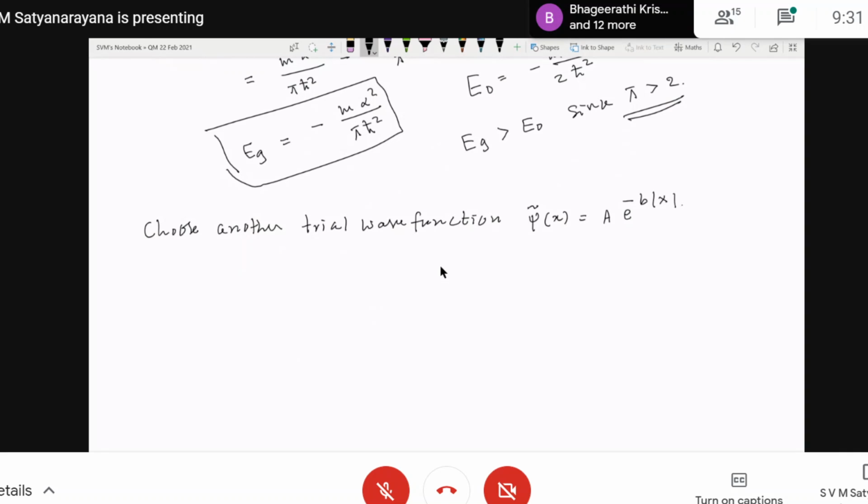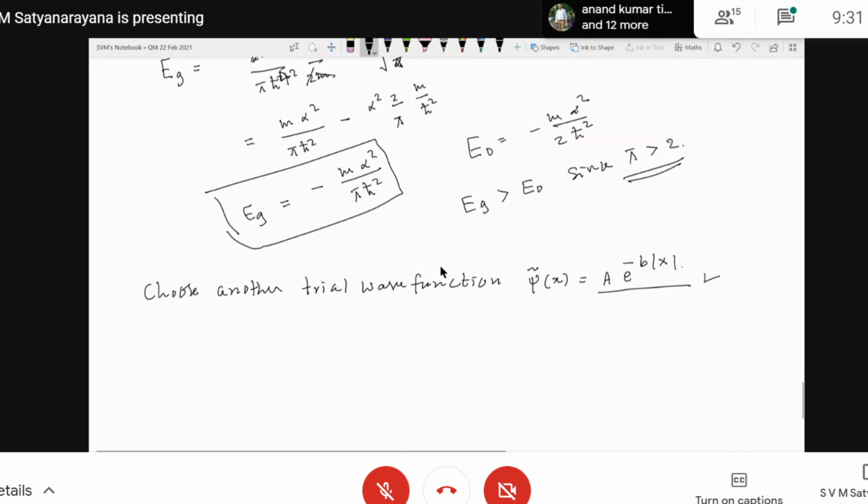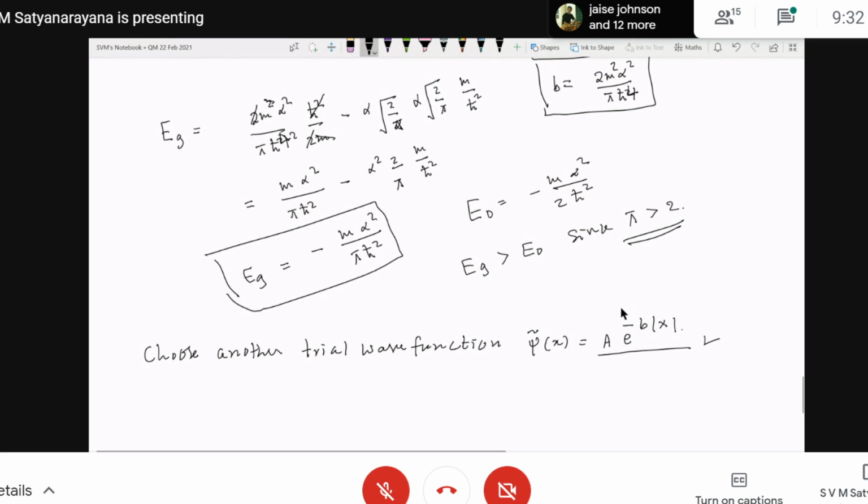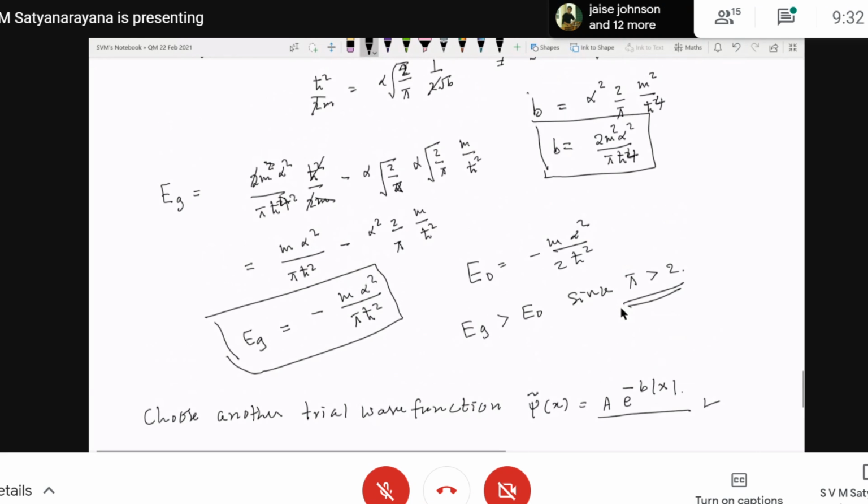If you choose this wave function, you please repeat this calculation. Then you will see that for some value of b, and it turns out b is equal to alpha, you will get the exact ground state energy, because this is the right wave function for this problem. So if you choose a trial wave function of this type, then it will definitely give you the exact ground state value.